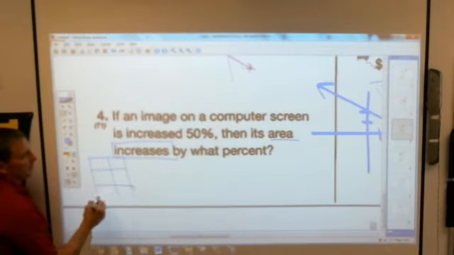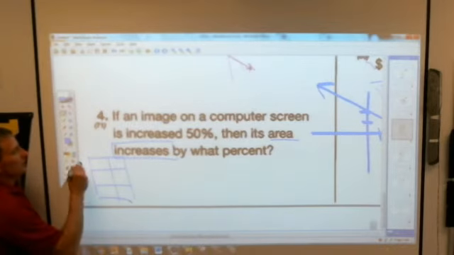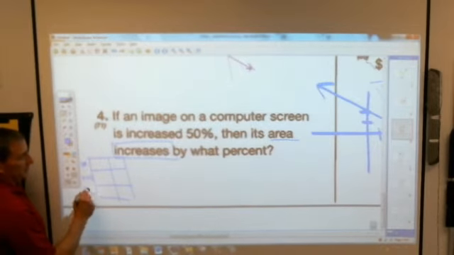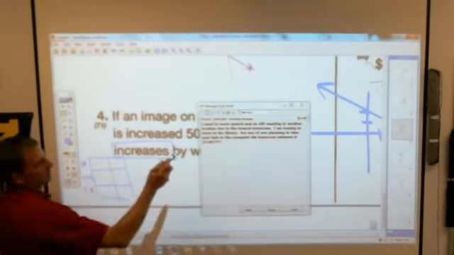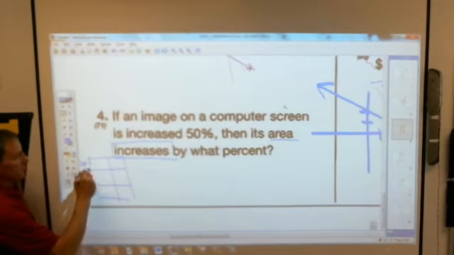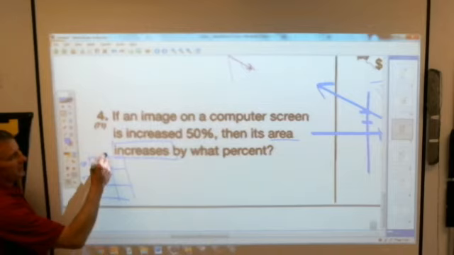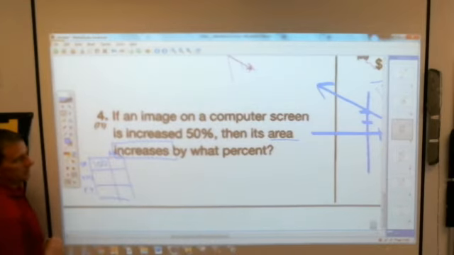This is an increase in percent. We have the original plus the increase equals the final percent. So the original is going to be 100, the rest we'll have to figure out. And this is what their areas are.